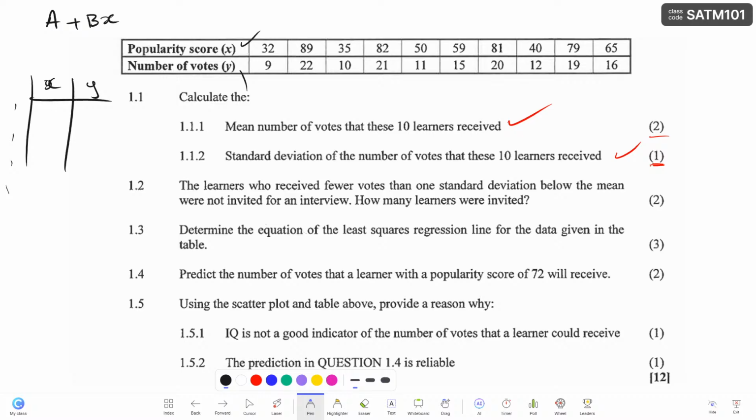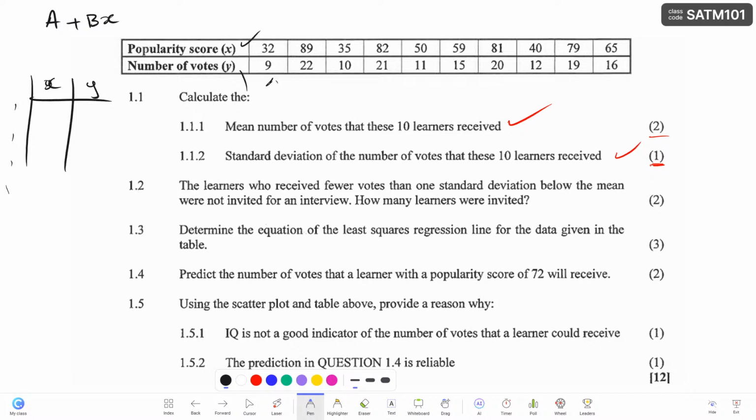So then we are done with that one. Now we need to put the y values. It's going to be 9, 22, 10, 21, 11, 15, 20, then 12, 19, then 16. So you need to know how to punch your calculator first.